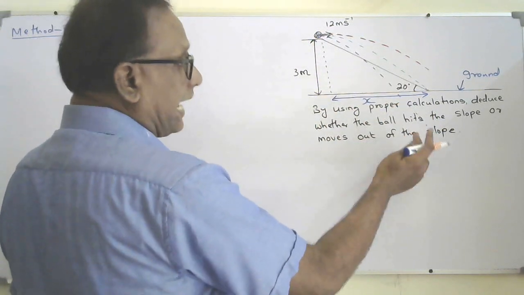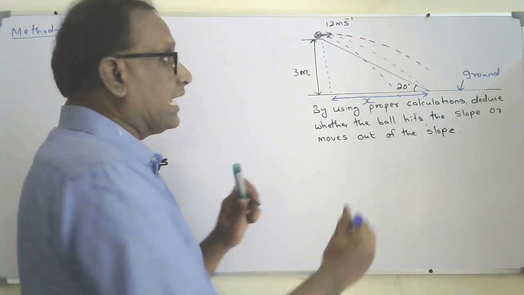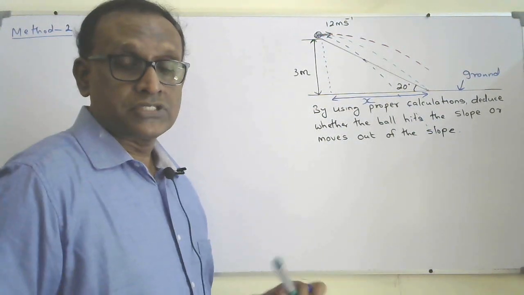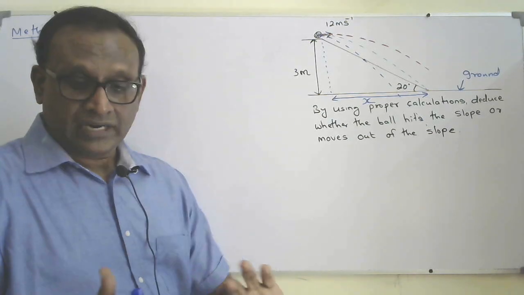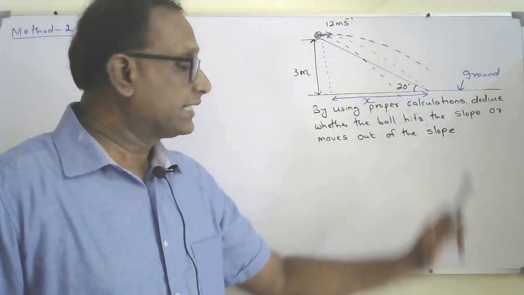So it has a chance of moving below the horizontal line, but it can't. That means it is hitting the slope somewhere here. So there are three different possibilities. We will find how much the vertical displacement of the ball is when it completes the horizontal length, that is x.